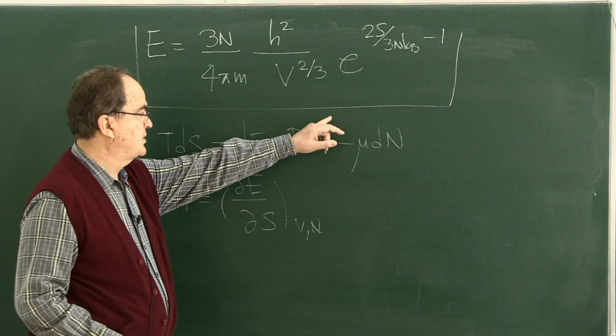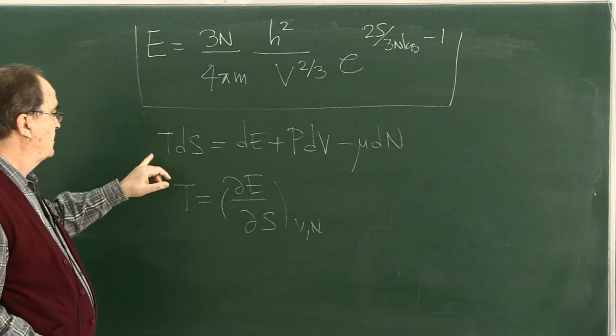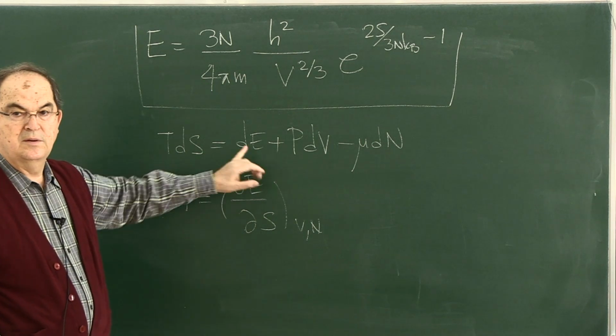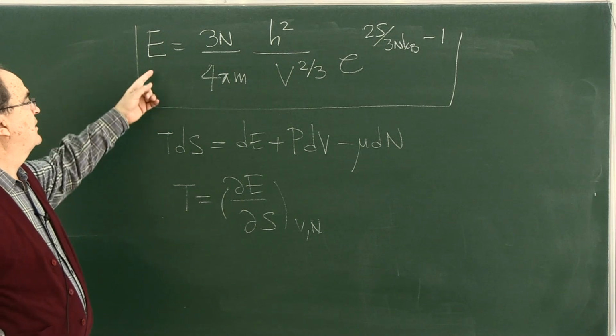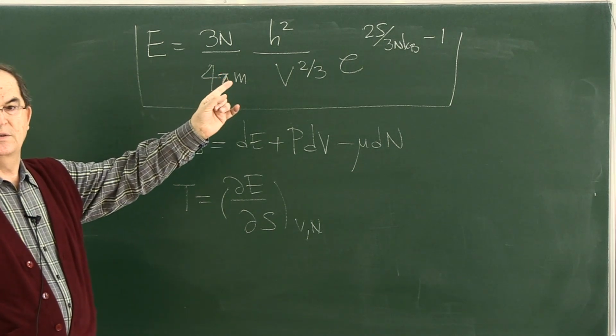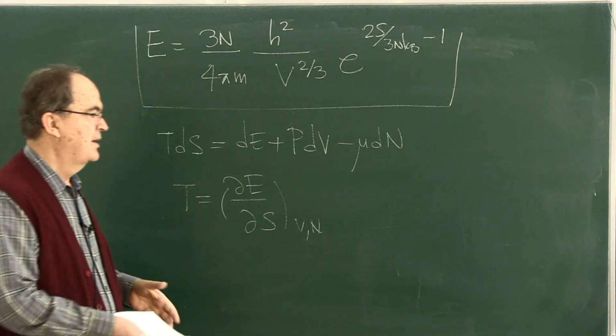If I keep them constant, they drop, isn't it? TdS is equal to dE. If I take the derivative of this with respect to S, I will get the temperature. Let's do that.